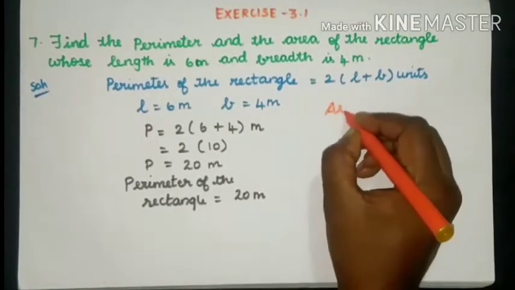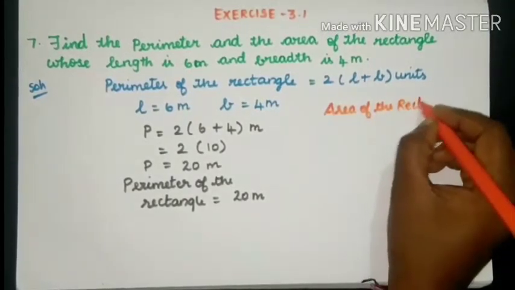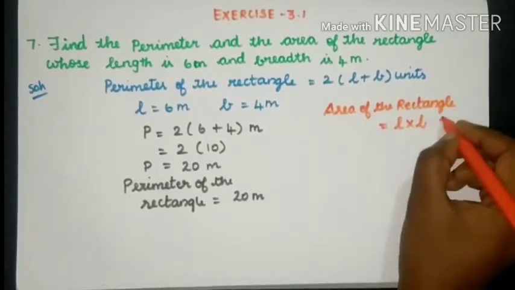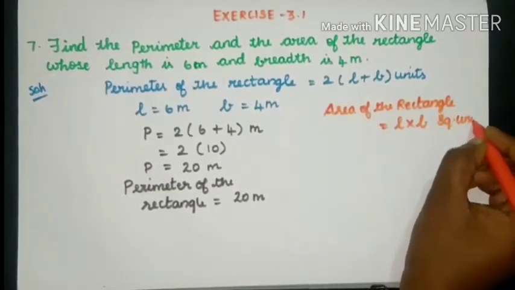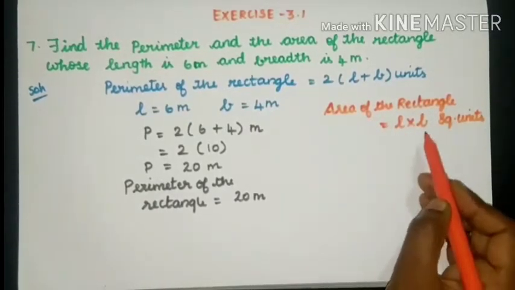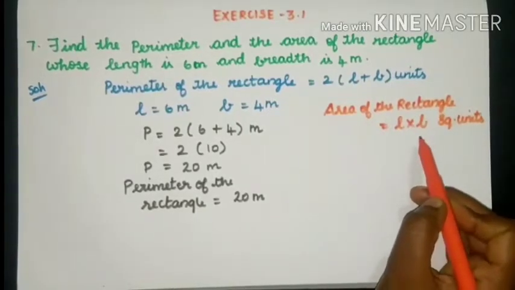And then we have to find the area of the rectangle. Area of the rectangle equal to L into B square units. For area we have to use here square units. L means length and B means breadth. Area of the rectangle equal to the product of length and breadth.